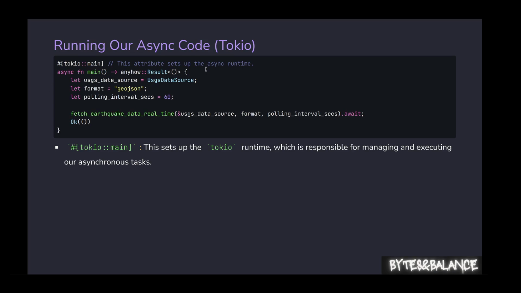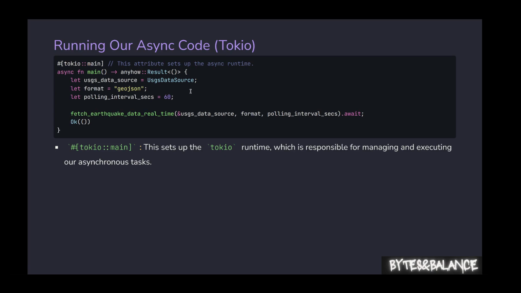The Tokio main attribute sets up an executor behind the scenes in the Tokio runtime. This runtime includes an executor which is responsible for scheduling and driving the execution of our async tasks. The executor takes care of polling futures, handling task completion, and ensuring that our asynchronous code runs smoothly.